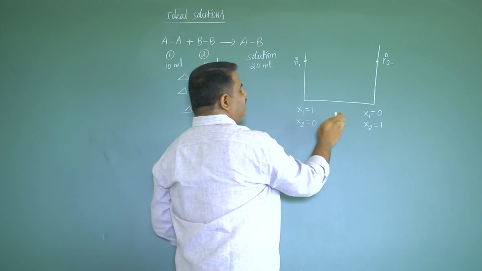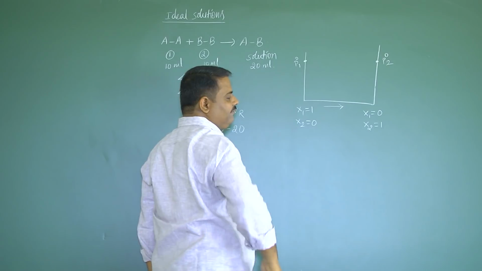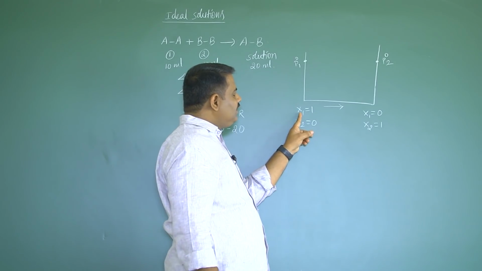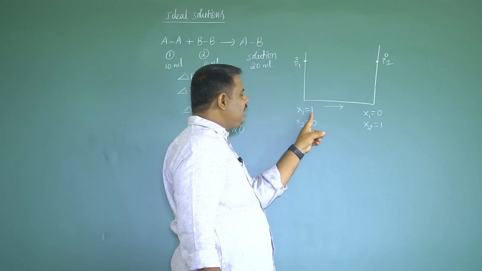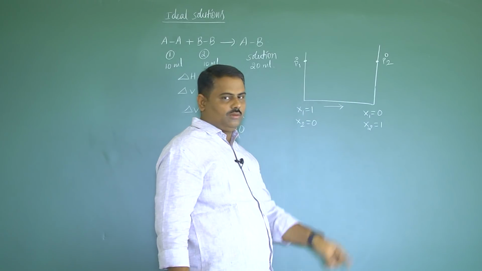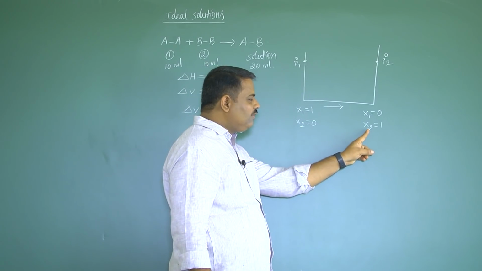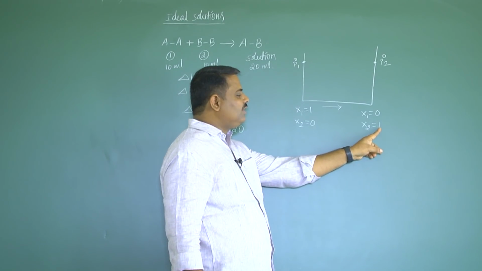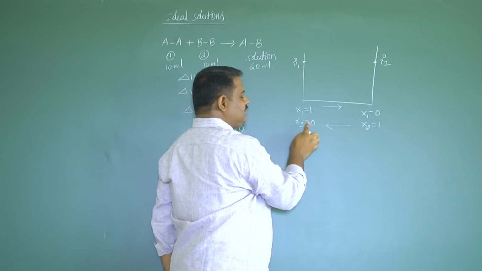Now, suppose you are moving from left to right in the given graph, slowly mole fraction of first component decreases and it is approaching 0 here. Next, here mole fraction of second component is 1, and if you are moving towards the right side it becomes 0.